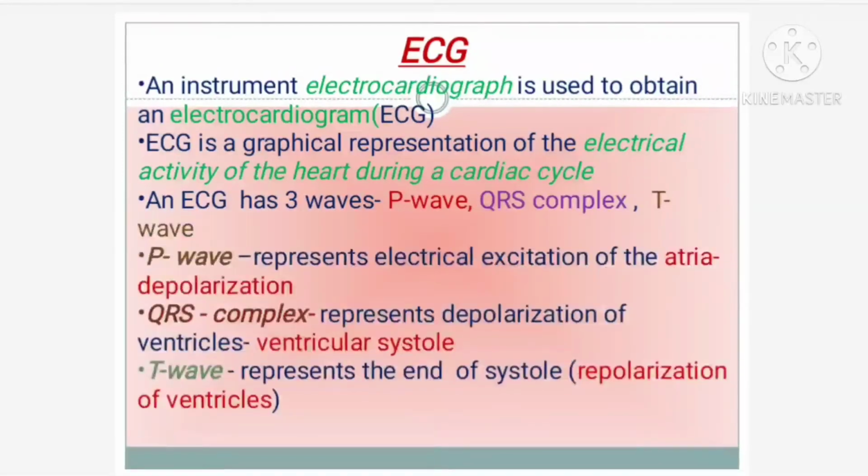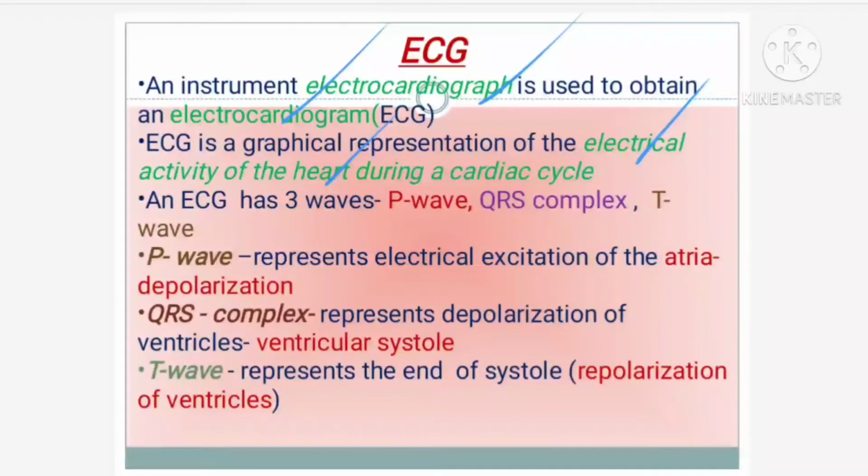Gram is the graphical representation and electrocardiograph is the machine. So the instrument electrocardiograph is used to obtain an electrocardiogram. ECG is a graphical representation of the electric activity of the heart.